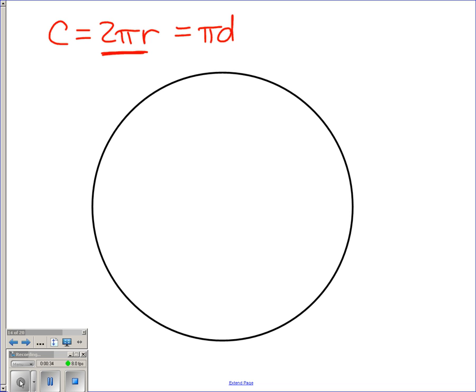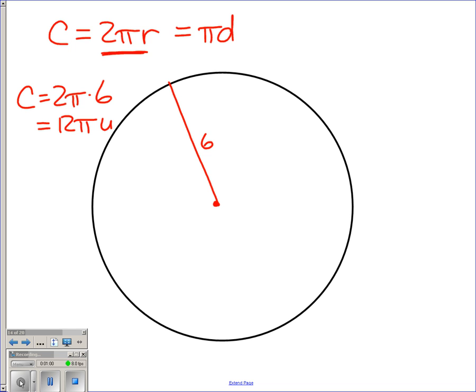Most of the time we're using 2 pi r. So suppose we have a circle and we have a radius of 6, okay? And they say, what is the entire circumference? Well, you plug in 2 pi times 6, and that would be 12 pi units, whatever the units are listed as. And normally we'll be listing these in terms of pi.